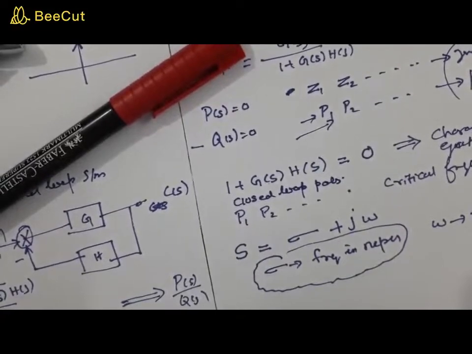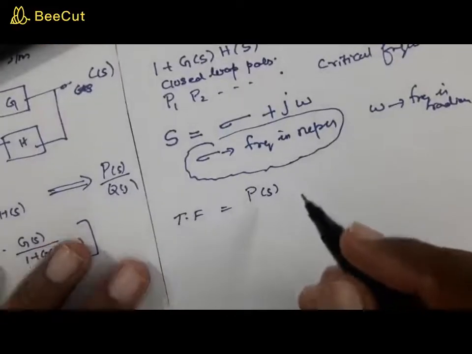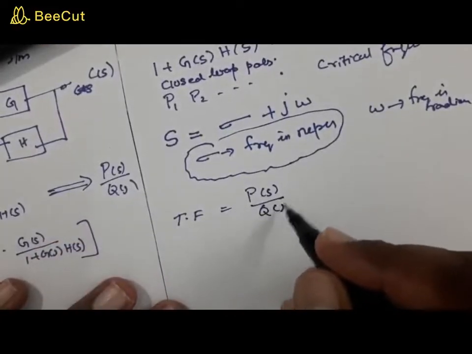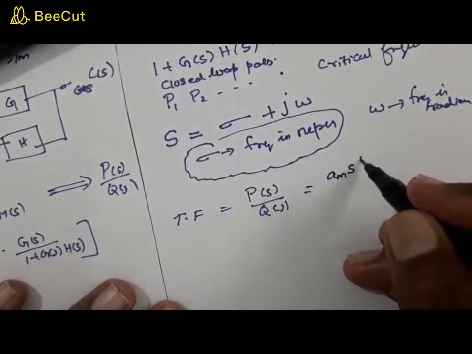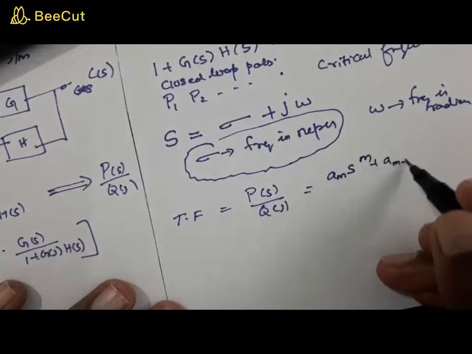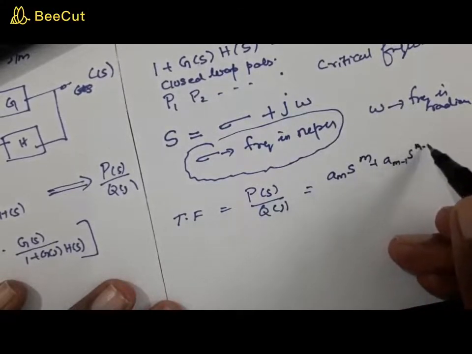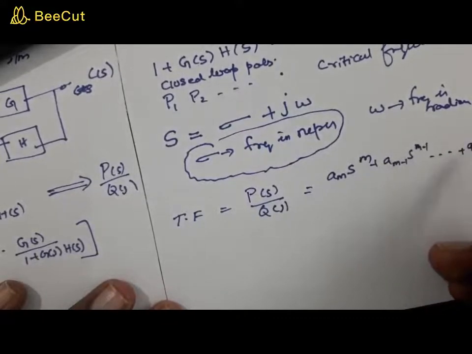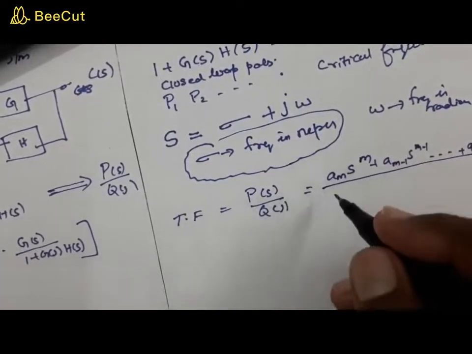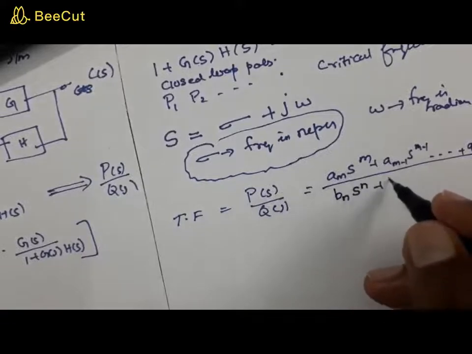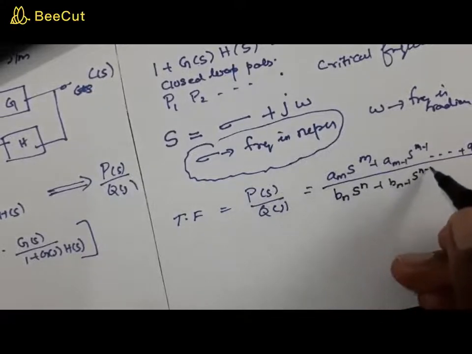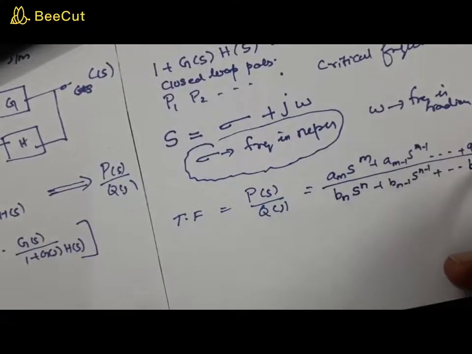Generally this transfer function can be generalized, as I mentioned earlier, as P of S to Q of S. This can be represented as am s raised to m plus am minus 1 s raised to m minus 1, etc., up to a0, where P of S is an mth order polynomial, and Q of S, let it be bn, so that this becomes s raised to n plus bn minus 1 s raised to n minus 1 plus etc., up to b0.